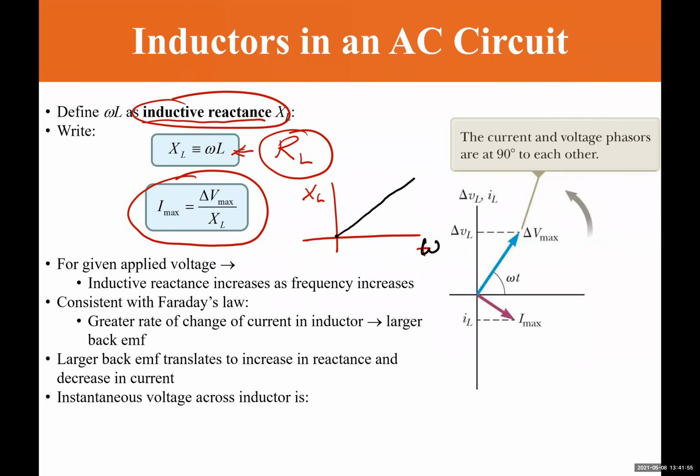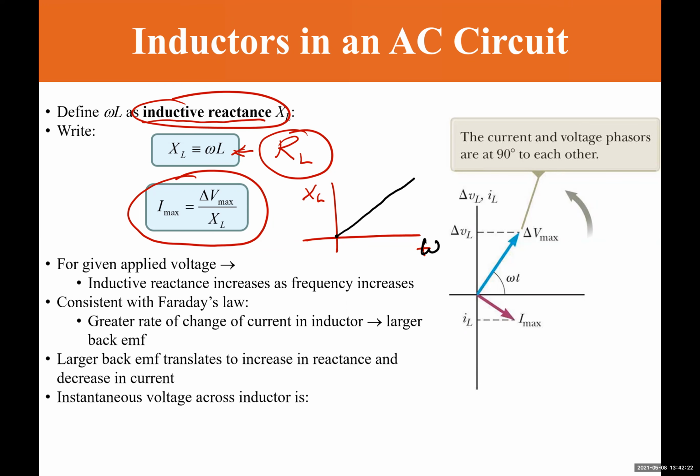Well, omega or linear frequency doesn't really matter, right? They're basically the same for us, just a factor of 2 pi. So omega increasing gives you X_L increasing. Omega decreasing gives you X_L decreasing. That means the resistance is strongest at the higher frequencies, and the resistance is weakest at the lower frequencies.